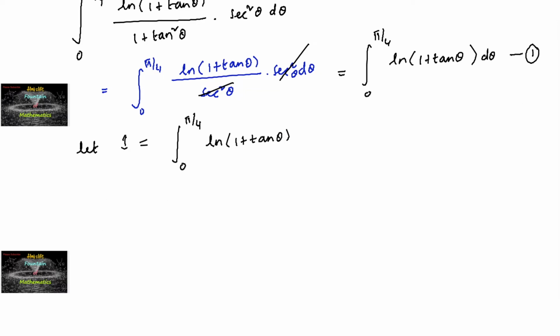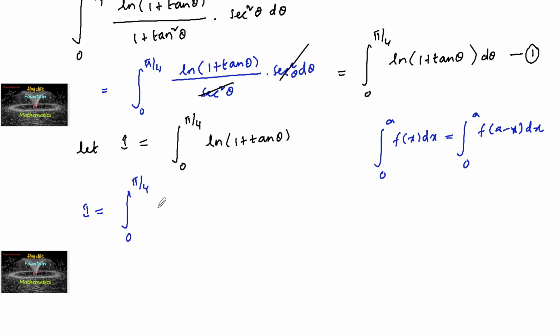Then now by using our property, integral 0 to a of f(x) dx is equal to integral 0 to a of f(a - x) dx, we can write I is equal to integral 0 to π/4 of log of 1 plus, in place of θ, we can write π/4 minus θ.